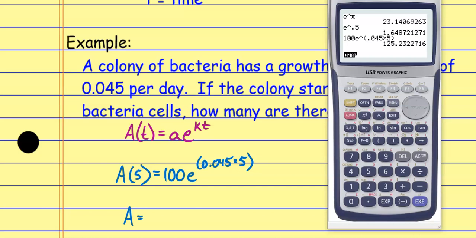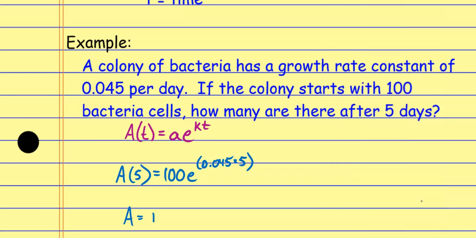So again, 125.23. I'm just going to round it to 125 because I'm going to round to the nearest bacteria cell, okay? Think about the context in which we're asking this question, okay? But that's it. All right, we're doing the same things. We're plugging them in the same way. There are the same types of values, but because it's continuous growth, I have a slightly different equation that's based on the natural number, okay?